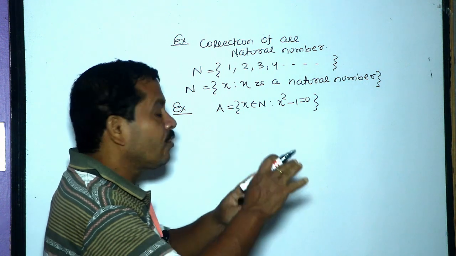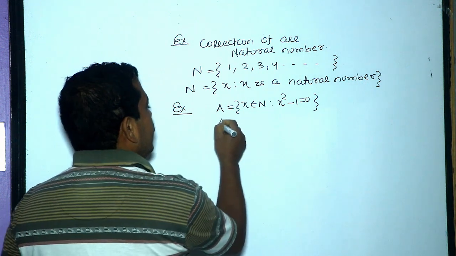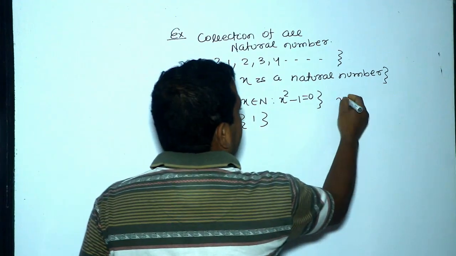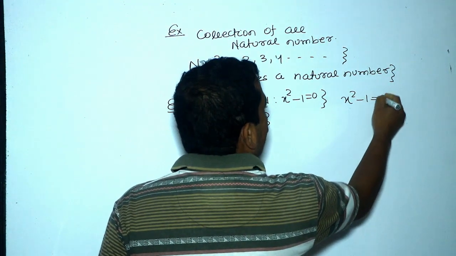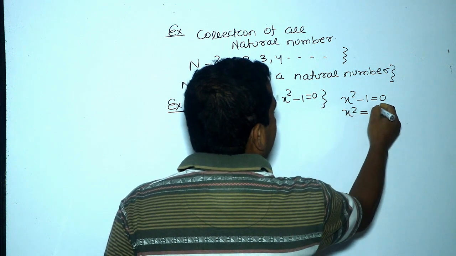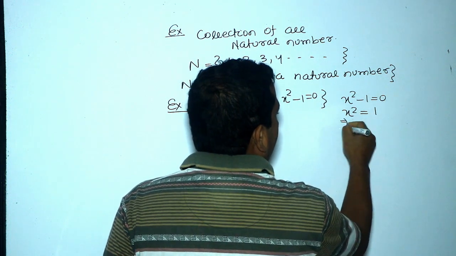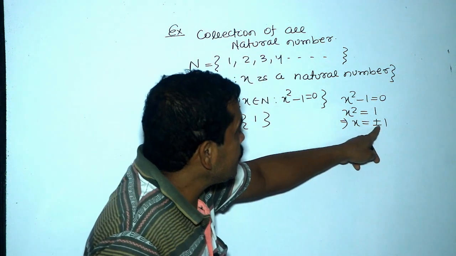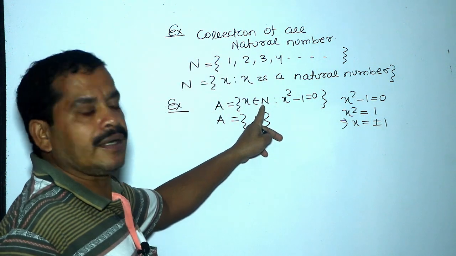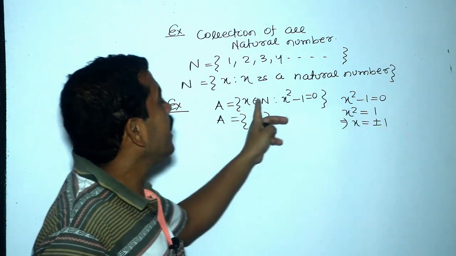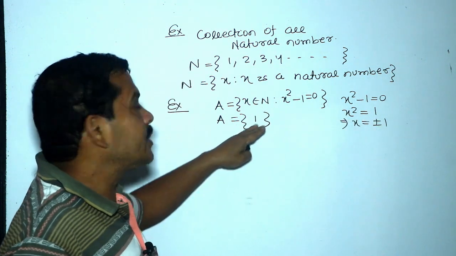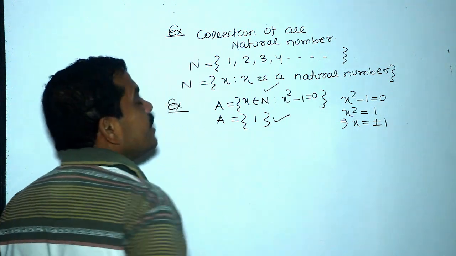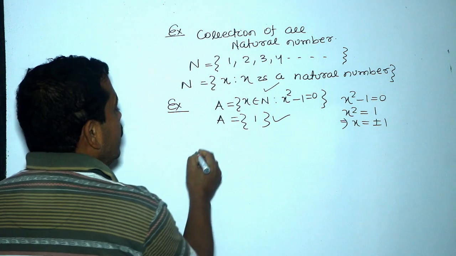We can convert to roster form, that is only 1, because if x square minus 1 is equal to 0, then x square will be 1 and x will be plus or minus 1, but minus 1 is not in set N, so only 1 is in set N, so its roster form is only 1. That is the set builder form and this is the roster form.